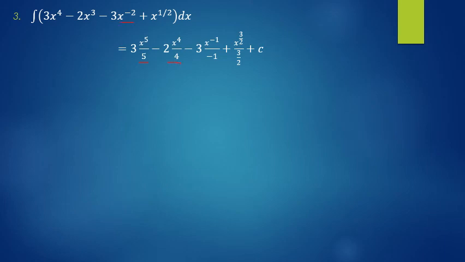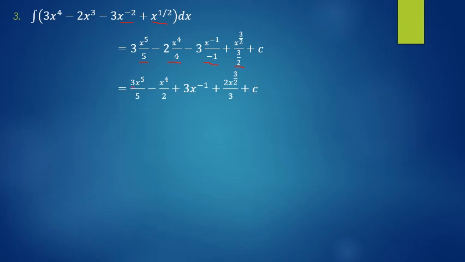The integral of x to the negative 2 will be x to the negative 1 over negative 1. And the integral of x to the power 1 half is x to the power 3 halves all over 3 halves plus c.